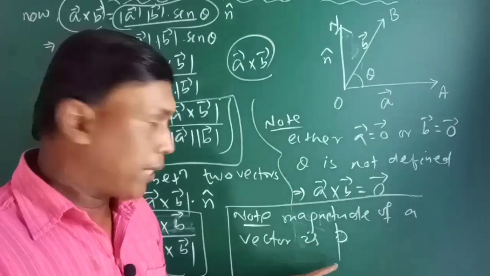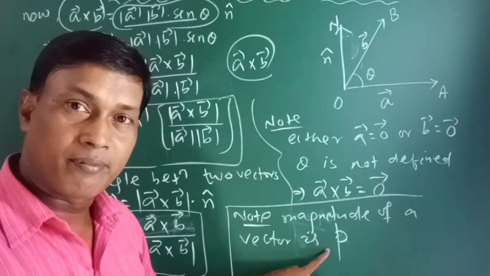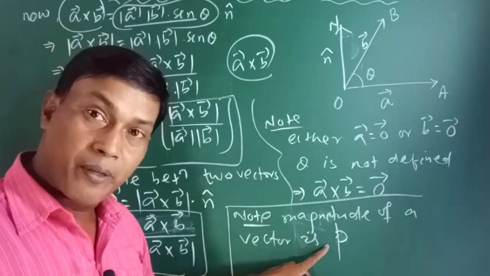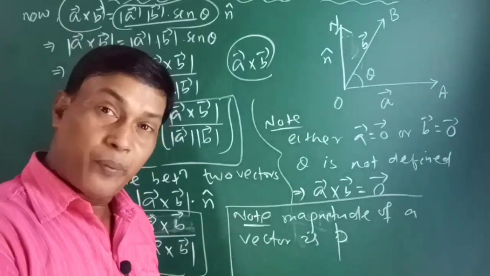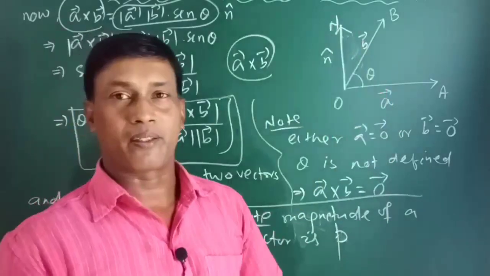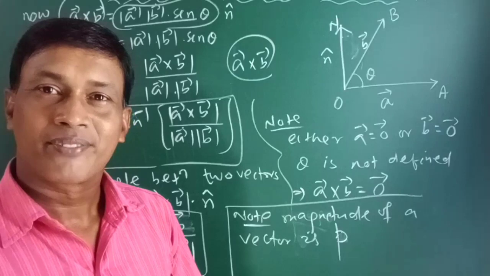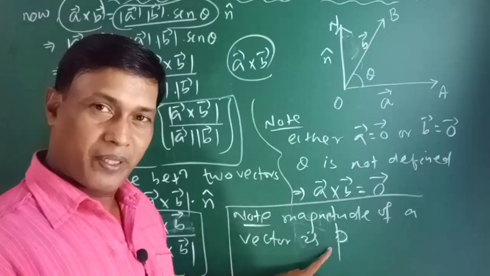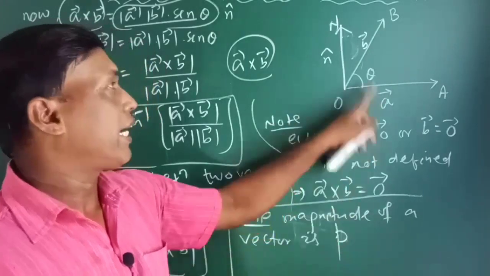We have been given a vector whose magnitude is P, but this is perpendicular to A vector and B vector, then what is the value? Look here, magnitude is P, but perpendicular to A and B.